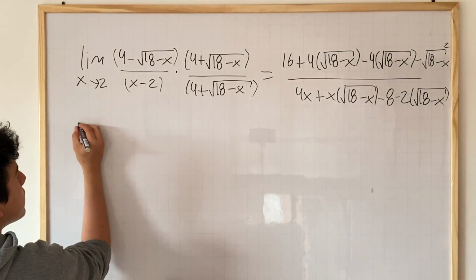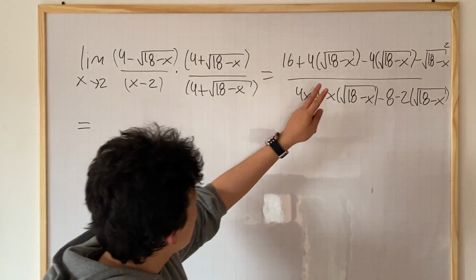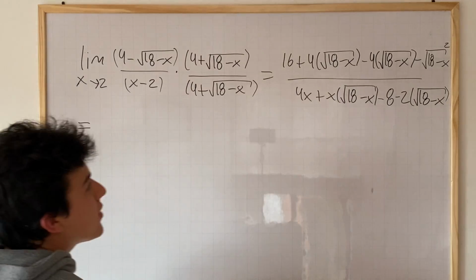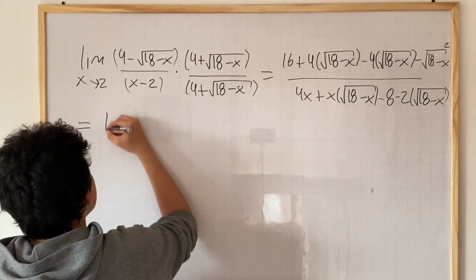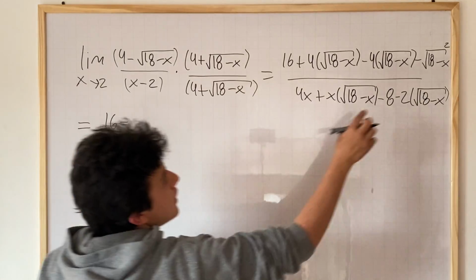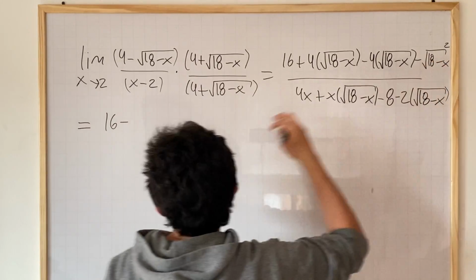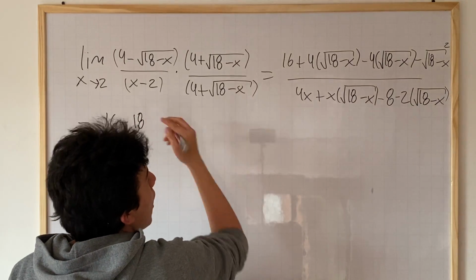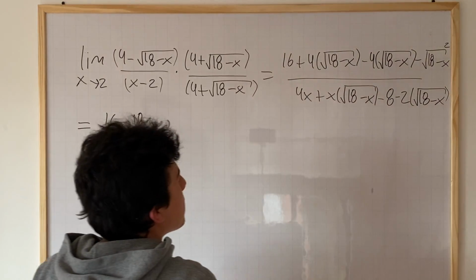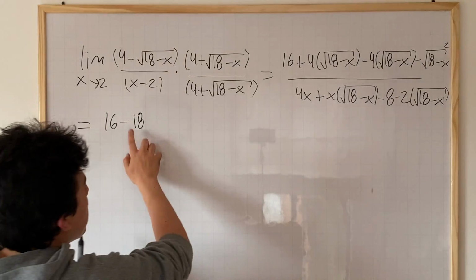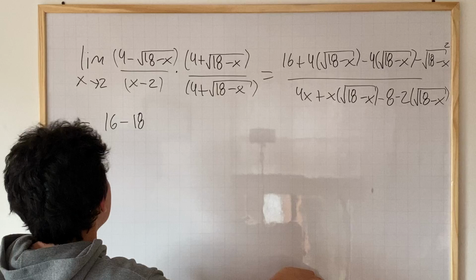So let's do it. So we have on the top, these two terms, they cancel out, they have opposite signs, and we get 16 minus, the square cancels out the square root, and we get minus 18. Oh, remember, here's what was cool about it. In this case, it is not minus 18 plus minus x.